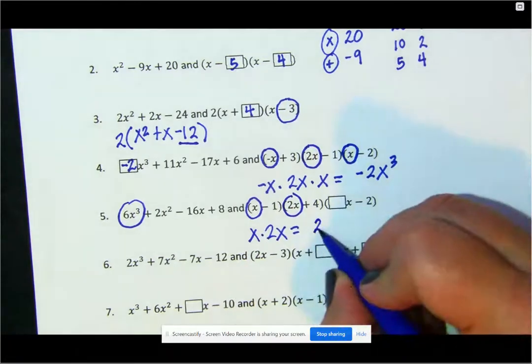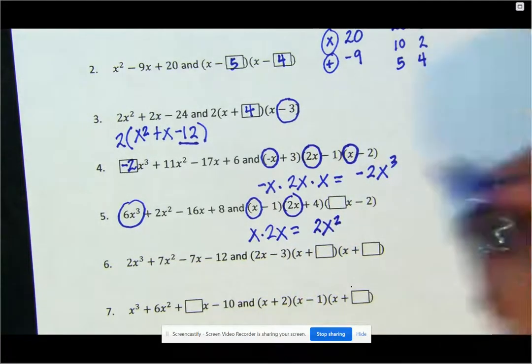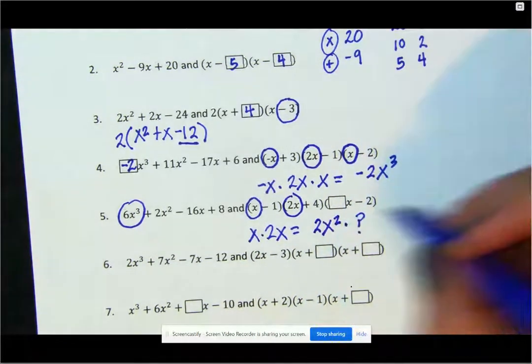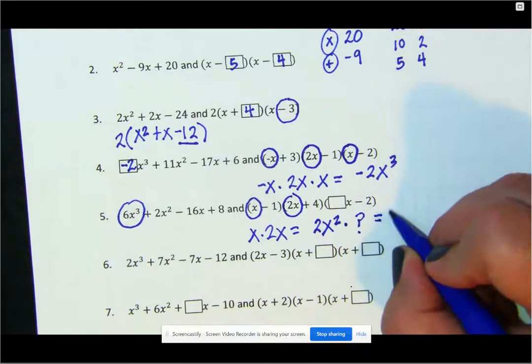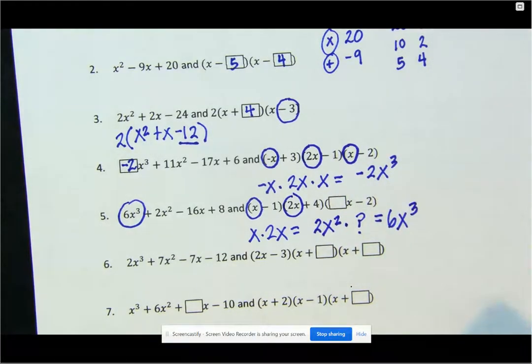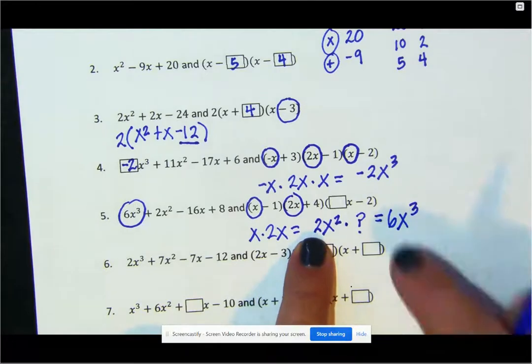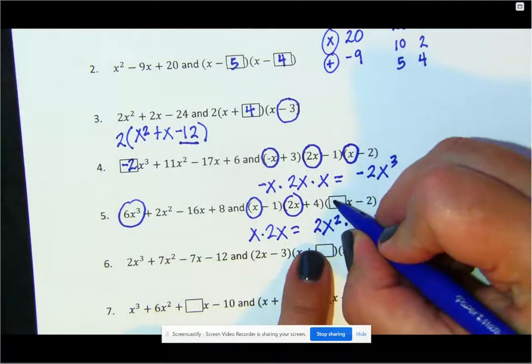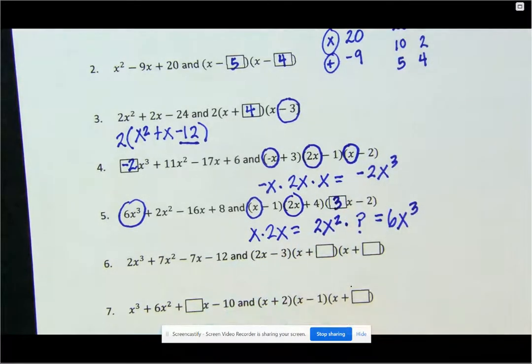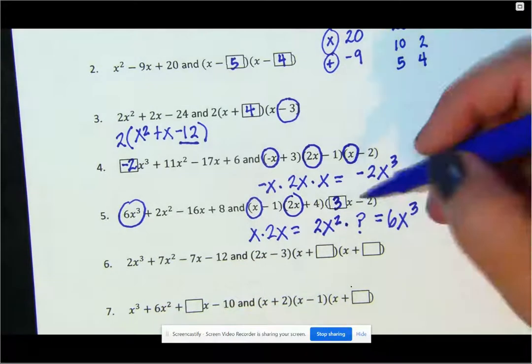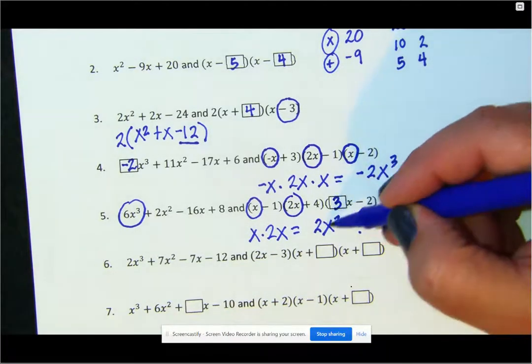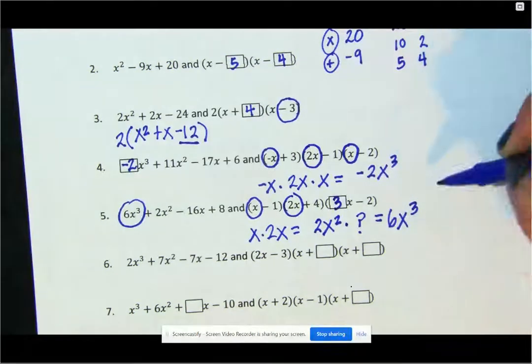That makes 2x squared. So what else do I need? What does that box need to be so I can get 6x to the third? Well, 2 times what makes 6? It's got to be a 3. And the x is already there. 3x times 2x squared would make 6x to the third.